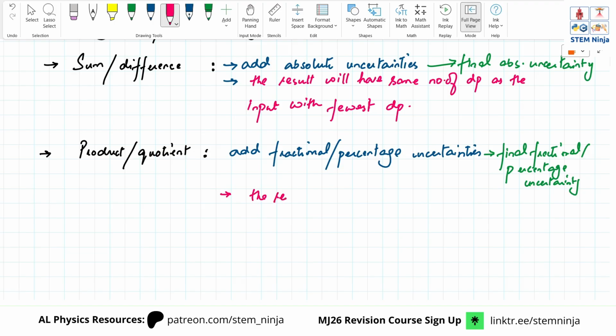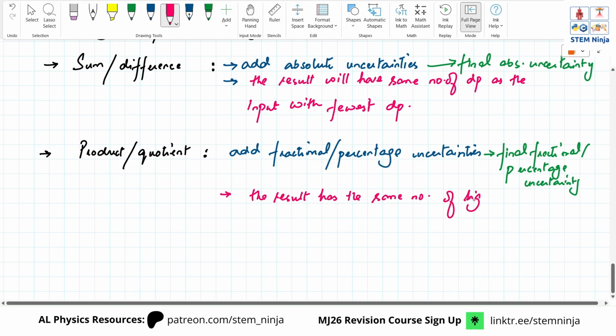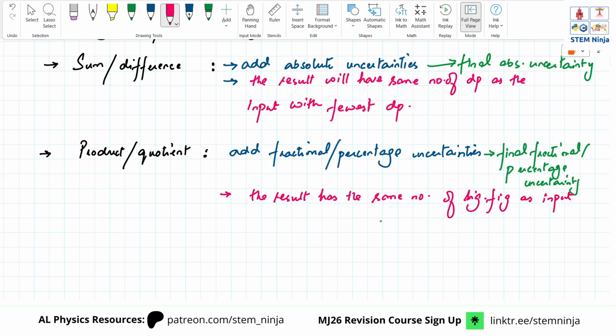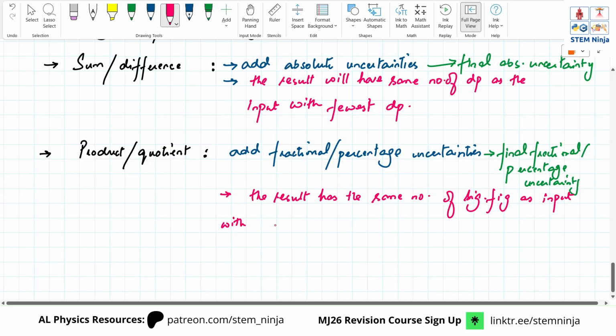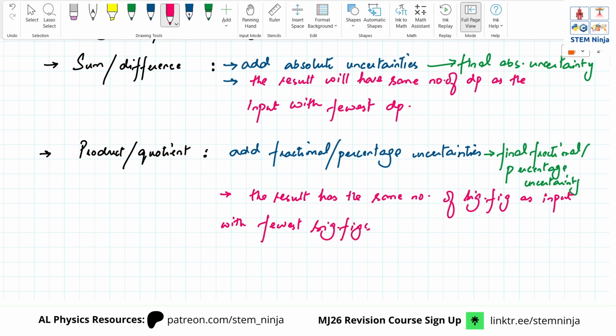So the result has the same number of significant figures as input with fewest significant figures. And uncertainty, you have to adjust the decimal places and significant figures of the uncertainties. So you have to manage that also, right?